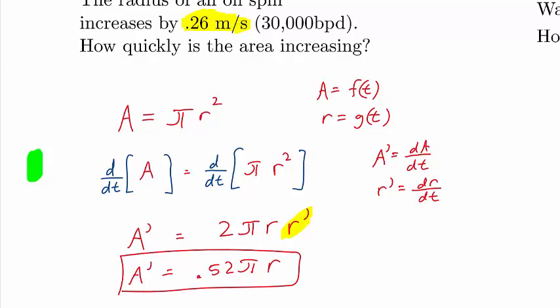Well, that is simply plug the radius of 1 into there, and that would be 1 meter, of course. Then A prime would simply be 0.52 times pi, which of course is 1.63, and that would be meters squared per second, as an example.